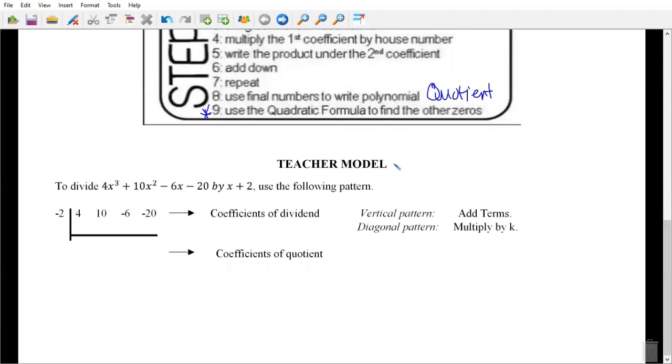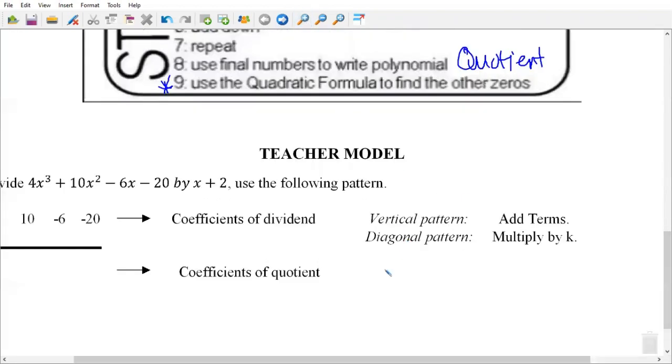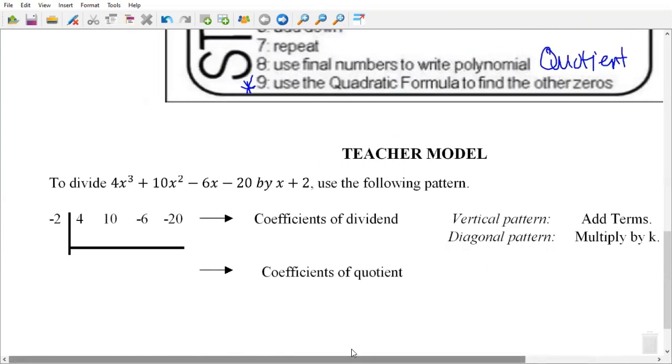All right, so let's go through the teacher model. So we have 4x cubed plus 10x squared minus 6x minus 20 divided by x plus 2. The first step is to find our 0. If I set this equal to 0, x would equal -2.